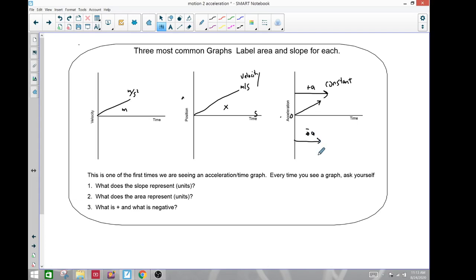The area of the curve for this graph technically would be meters per second squared times seconds, which equals meters per second.